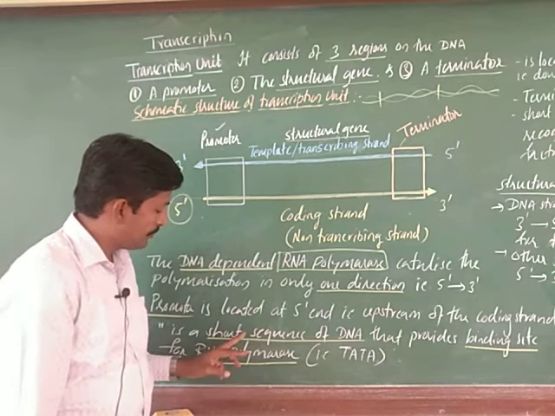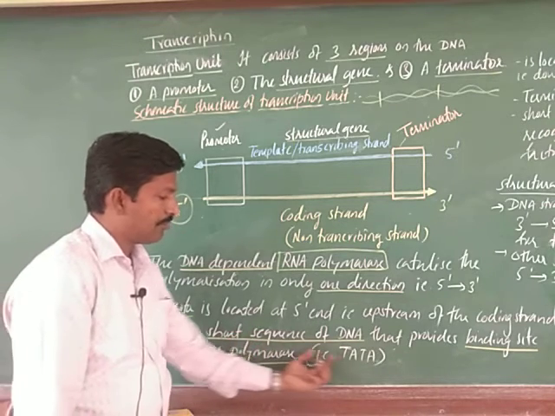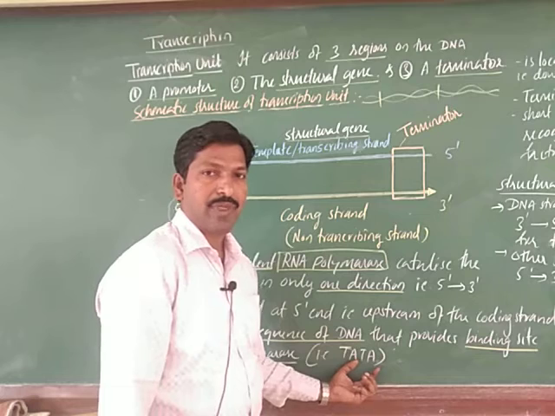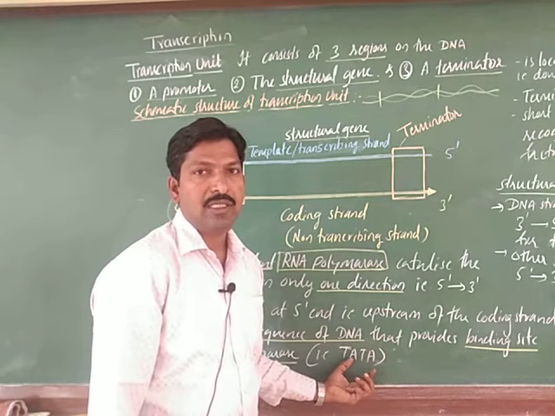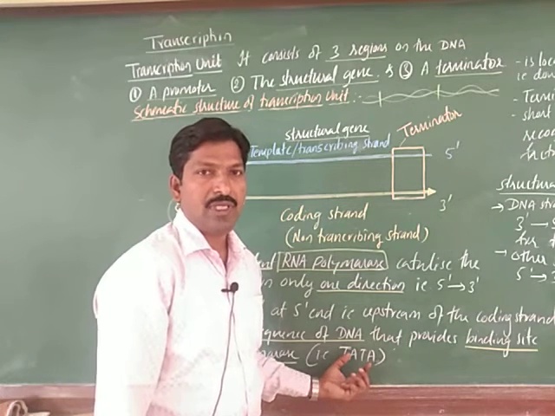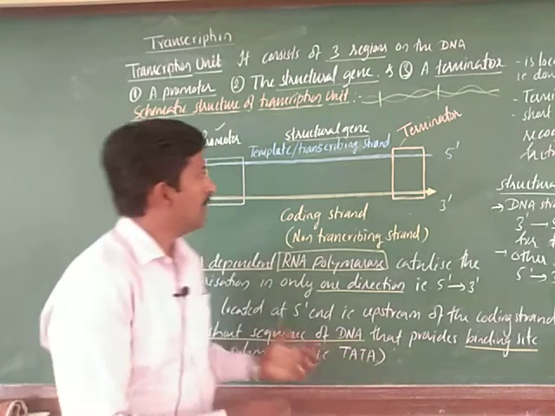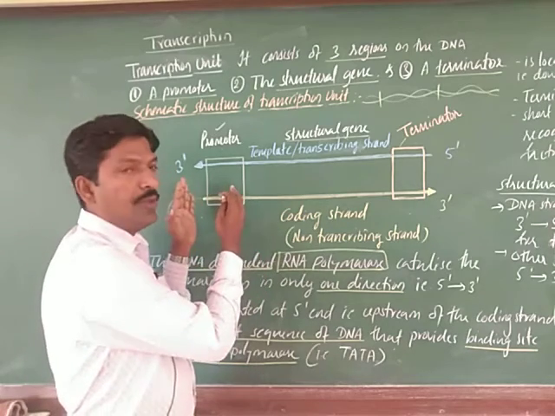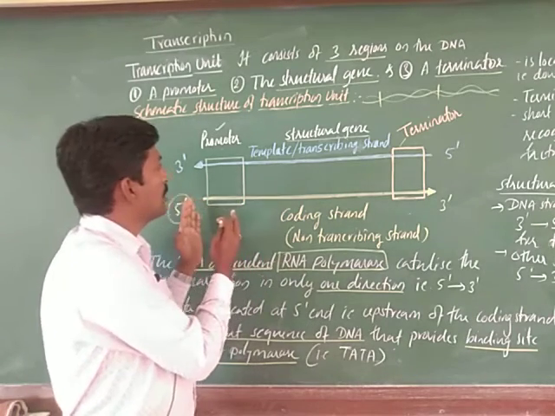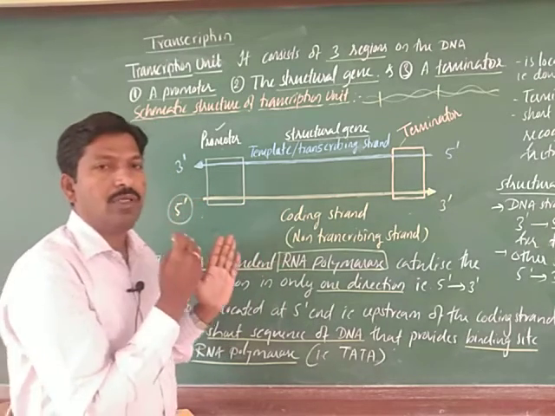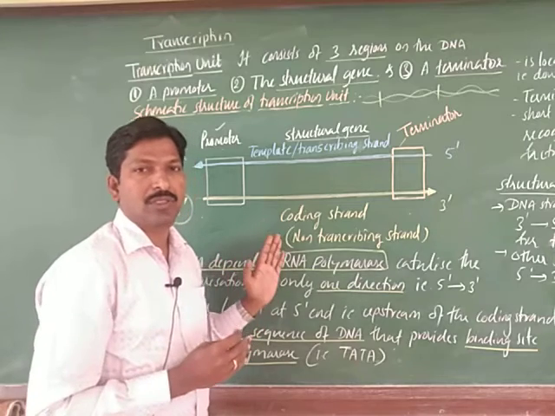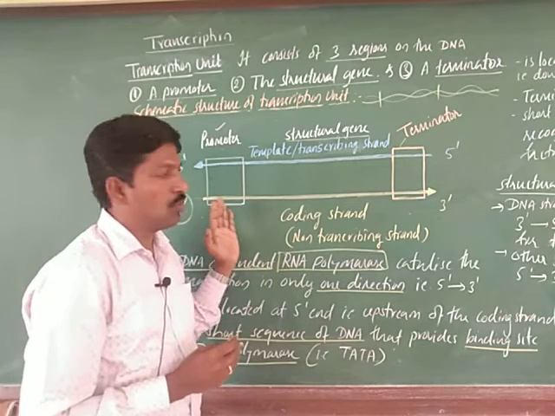The short sequence may be TATA, so we also refer to it as the TATA box, which identifies the presence of a promoter, which promotes or begins this process. Transcription begins with the promoter.